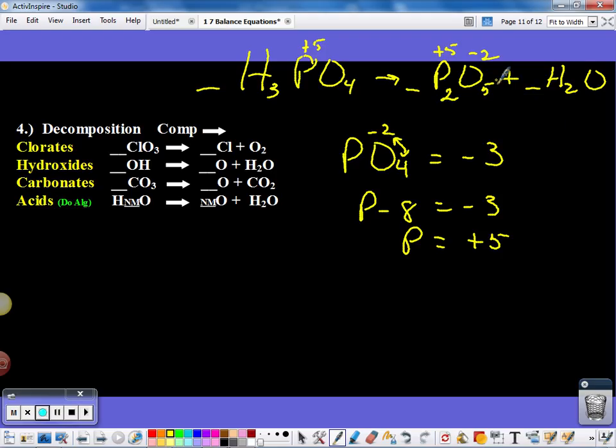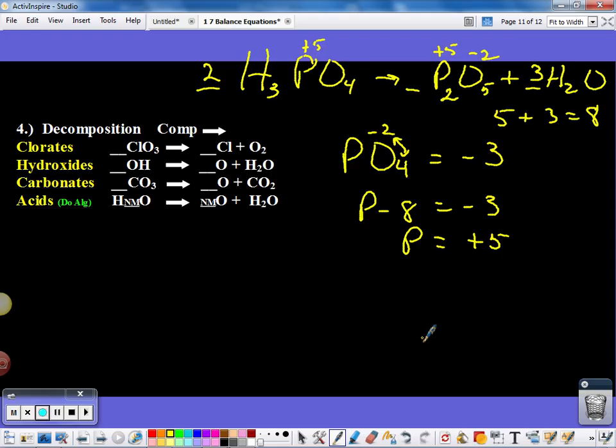Alright. So I need to have, I have 3 and 2, odd even. I'm going to put a 2 here and a 3 here. And that gives me 2 P's and 2 P's. It gives me 8 O's, and 5 plus 3 equals 8. If you find the charge of the P, the balancing is easy.